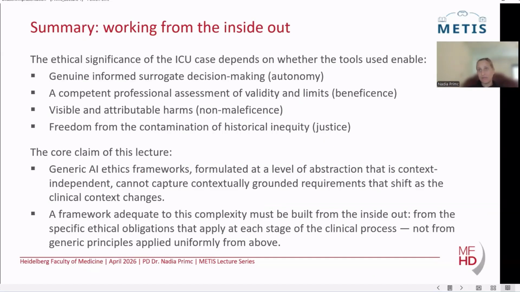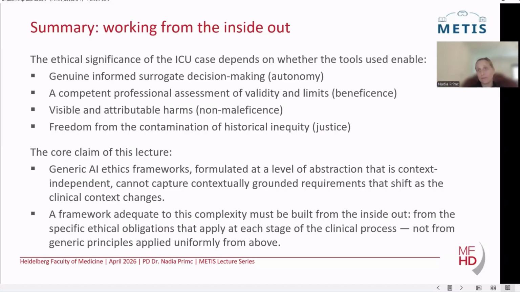We saw that the ethical significance of that moment depends not just on which clinical tools were used to reach a prognosis, but on whether those tools enable genuine informed decision-making, whether the clinician can assess their validity and limitations, whether any harms they may produce are visible and attributable, and whether the patterns embedded in their training data are free from structural inequality.